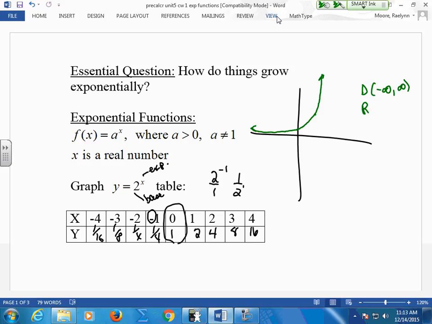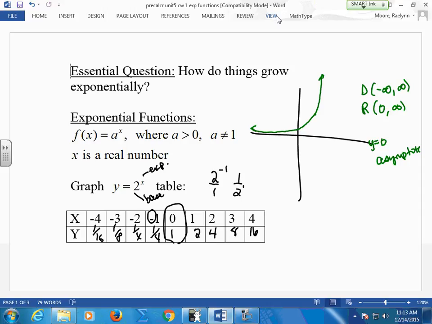What's the range? 0 to infinity. Now, can we ever use 0? No. Is there any value you could put in to give you 0? Nope, because anything to the 0 power is 1. That's going to become your asymptote. This right here becomes an asymptote when y equals 0. So you're going to see your function ride right alongside of it, but never touch it.